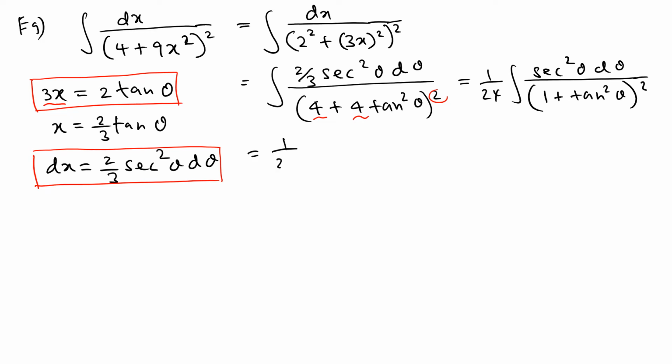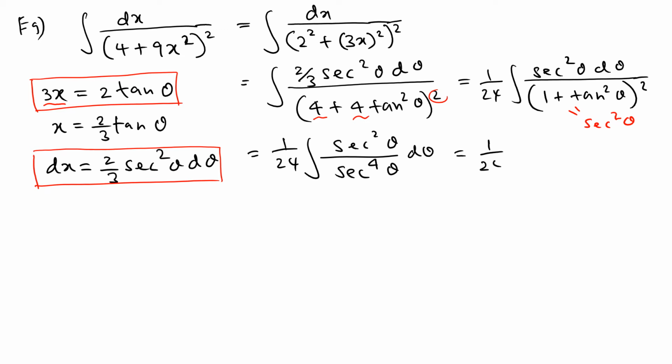So 1/24, and this is secant squared theta, but we know that 1 plus tan squared theta is secant squared theta, so because of that denominator you're going to get secant to the 4th theta d theta.